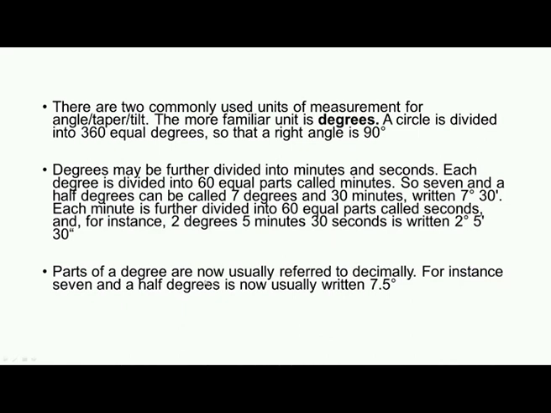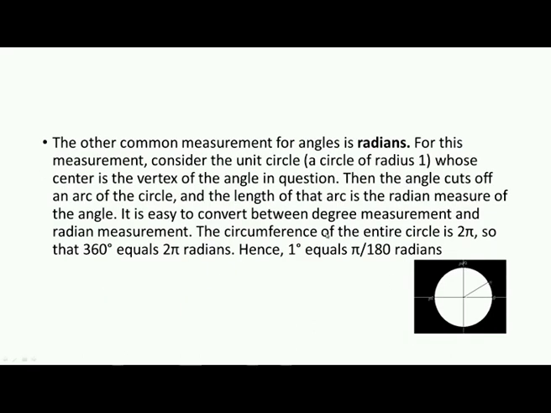Now, parts of a degree are usually referred to decimally. For instance, 7.5 degrees is now usually written as 7.5 degree. So, this indicates that it is 7 degrees 30 minutes. Now, the other common measurement of angle is radians. For this measurement, consider a unit circle, a circle of radius 1 unit, whose center is the vertex of the angle in question.